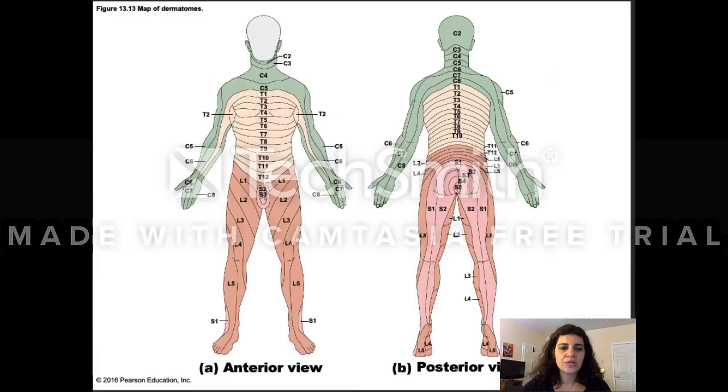What else do I want to tell you here? We have dermatomes. So remember, all these nerves are innervating muscle, but they have cutaneous branches that are the innervation for skin. Here is a map that shows you, for example, let's look at this L1. What is L1 here?